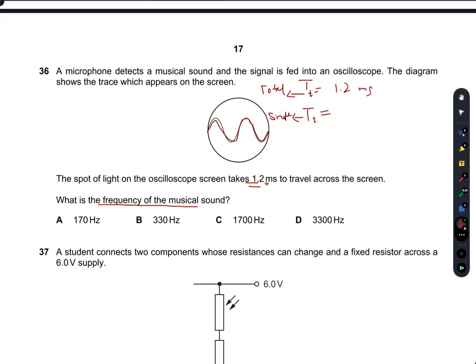So for the total, the spot of light on the oscilloscope screen takes 1.2 milliseconds. So for a single time period, it will take simply 1.2 divided by 2, so that is 0.6 millisecond. And milli is 0.6 into 10 raised to power minus 3 seconds.